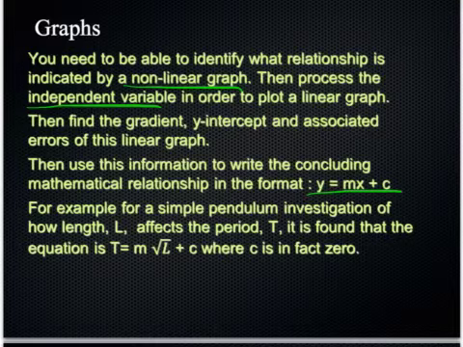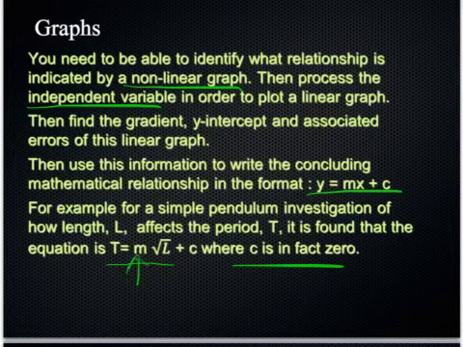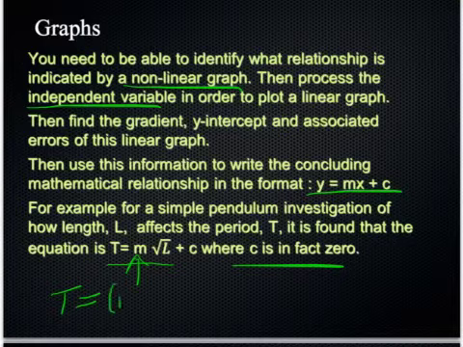Now, for example, for a simple pendulum investigation of how length L affects the period capital T, it is found that the equation is T equals m, with m the gradient, times the square root of L plus c, where in fact c is basically 0. And of course this gradient also needs to have an associated error written in there. So in fact your final equation will look something like this.